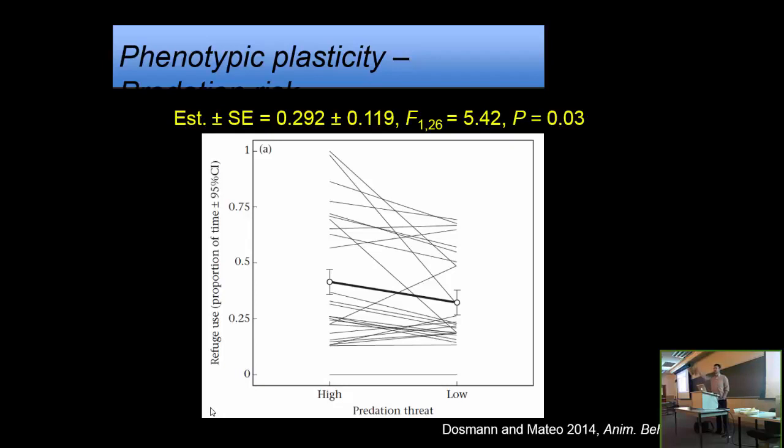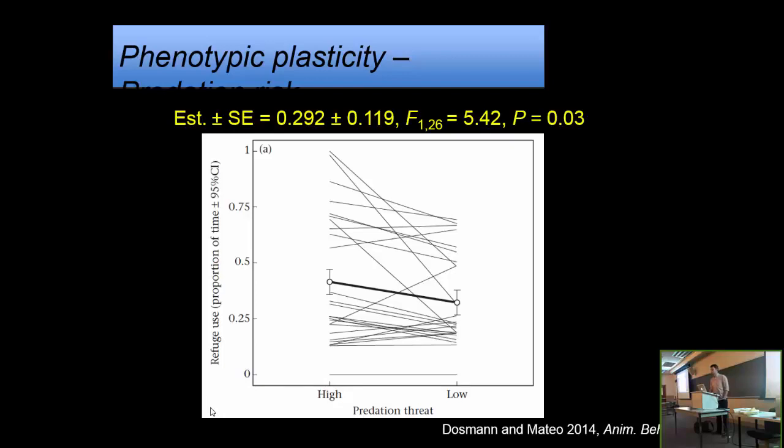So we see the difference in the height of that reaction norm, so to speak. We assessed this through some linear mixed models. Also see here, just by taking a look at things, that there's a lot of variation in the slope, essentially their response to that environmental change. I'll come back to that in just another minute, but I want to point that out now.